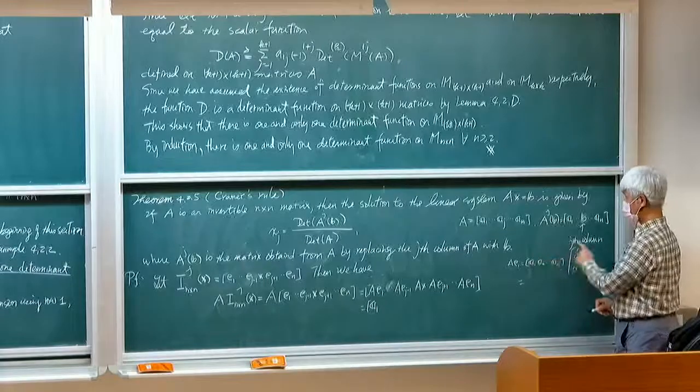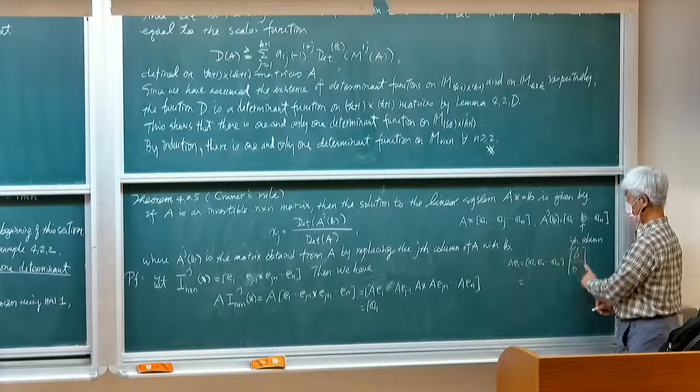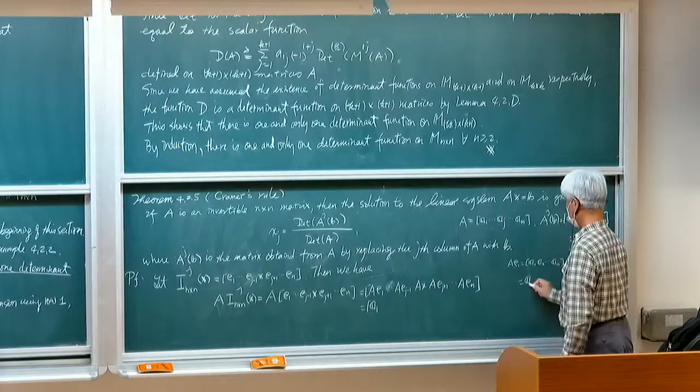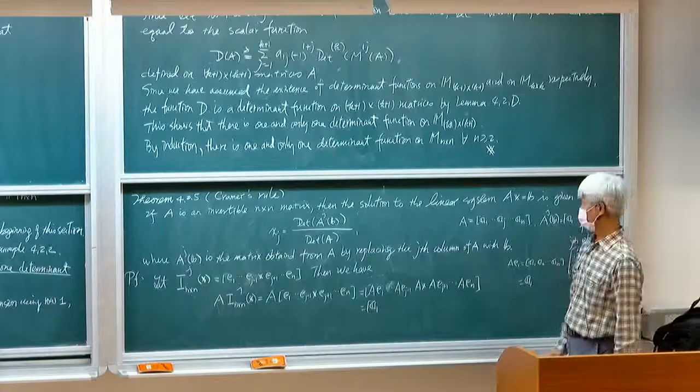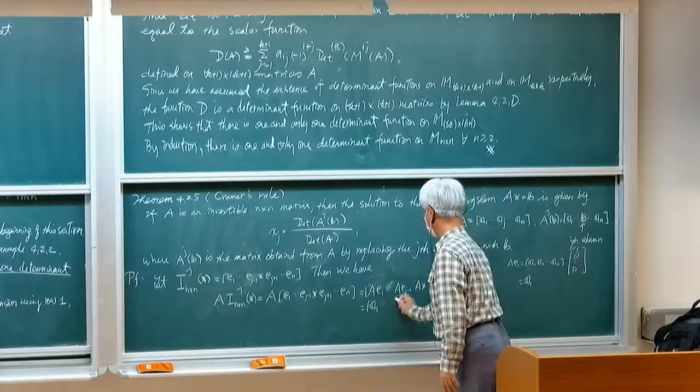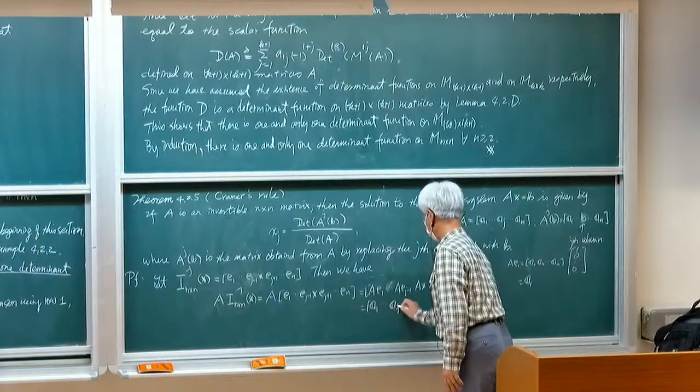So A1 times 1, plus A2 times 0, etc. So this is A1, and this is A(j-1).